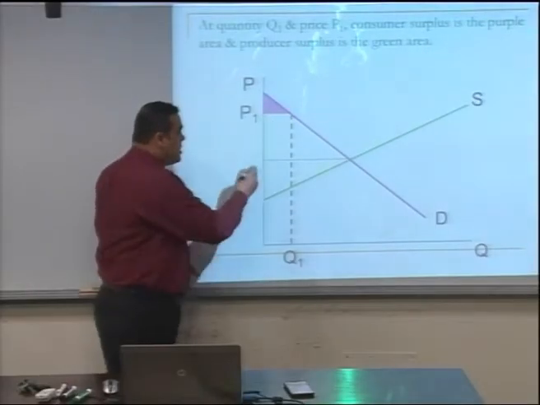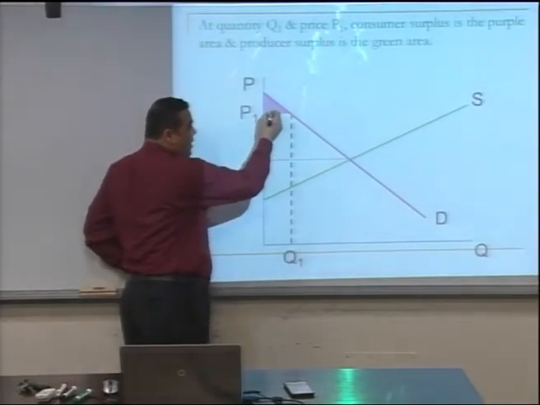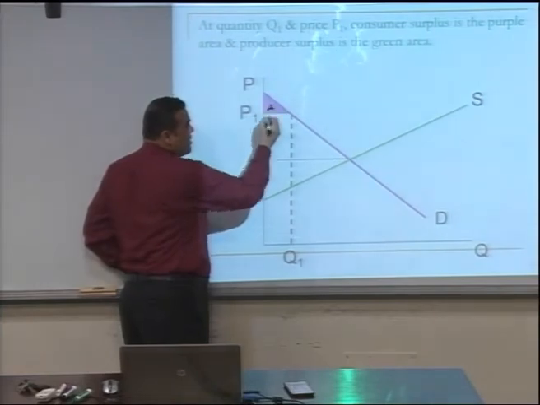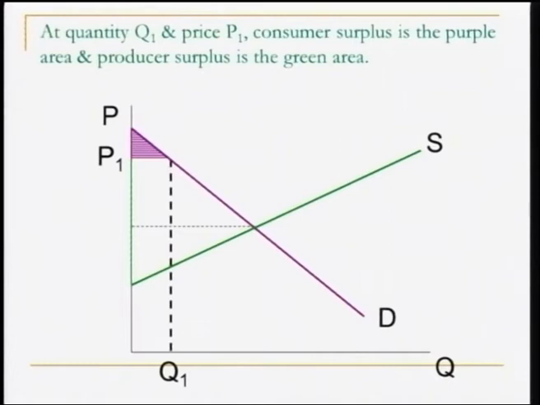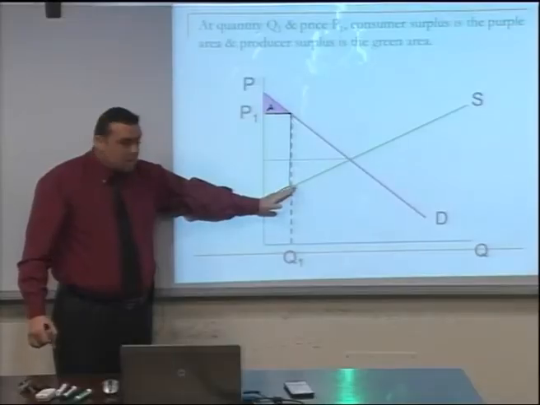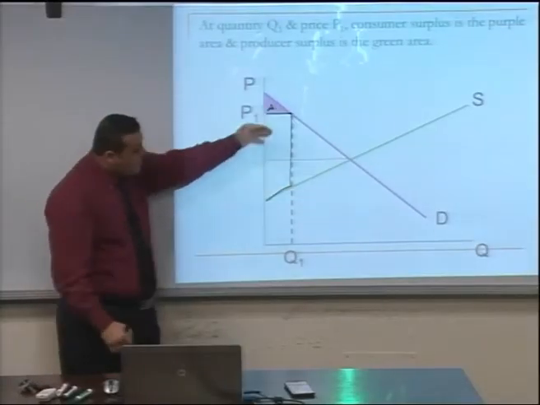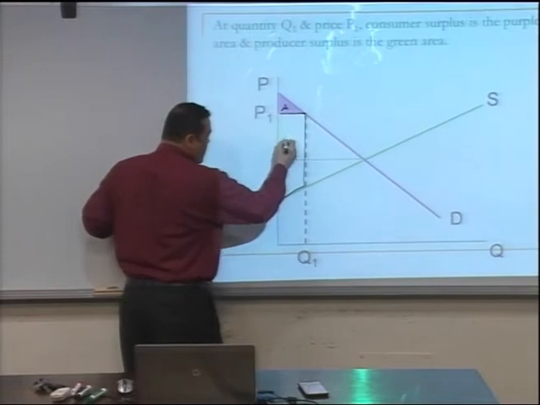At this price, this area represents the consumer surplus, and this area represents the producer surplus, which is the area above the supply curve here, below the price. So let us assume that the area B and C.